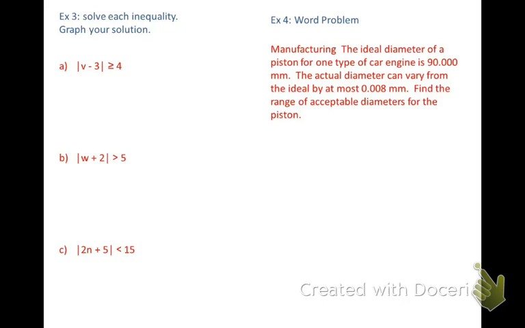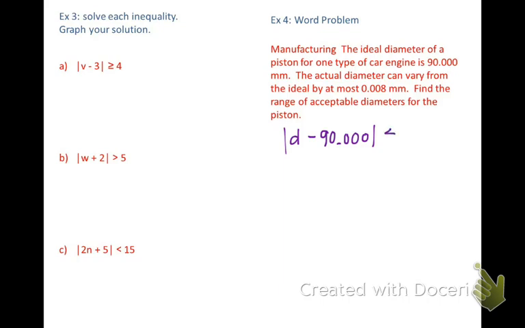Okay, now we're going to write the equation. We have the diameter minus 90, or the ideal length, in absolute value, is at most 0.008 millimeters.